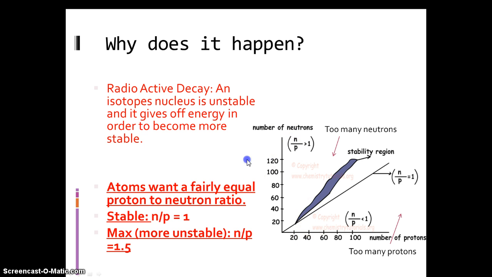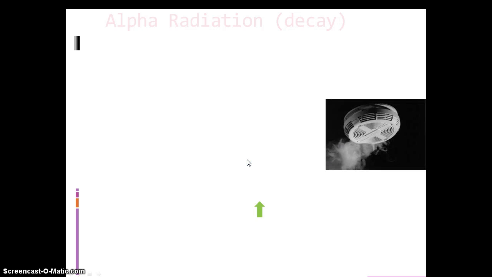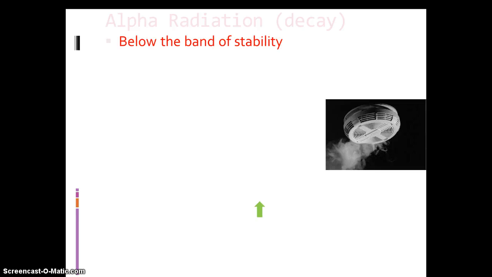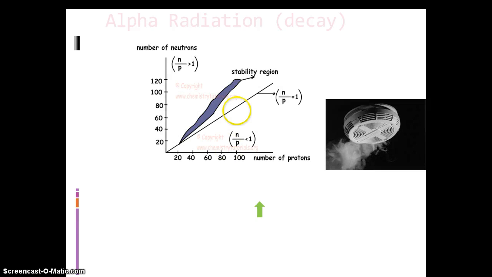So there are a few different types of radiation. There are 3 types you'll have to know. The first one is alpha radiation, and that's essentially when you are below the band of stability. So that's when you're hanging out down here and you want to get rid of some of those extra protons and end up in this blue region.